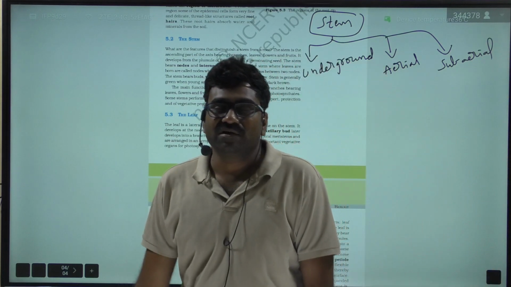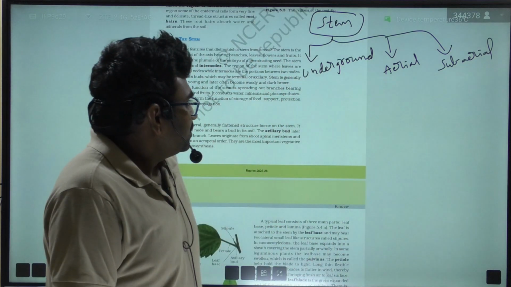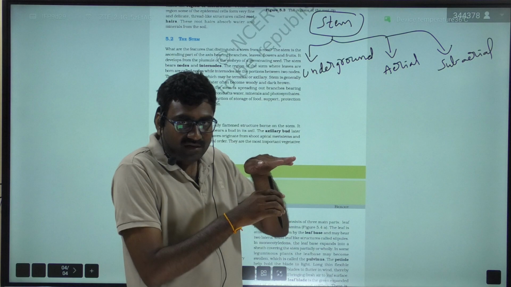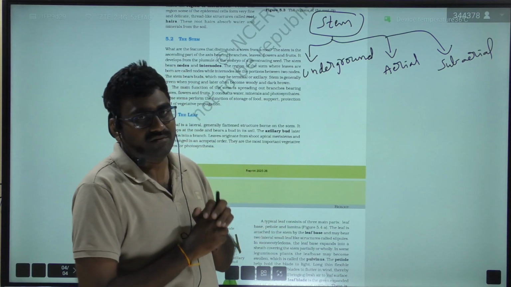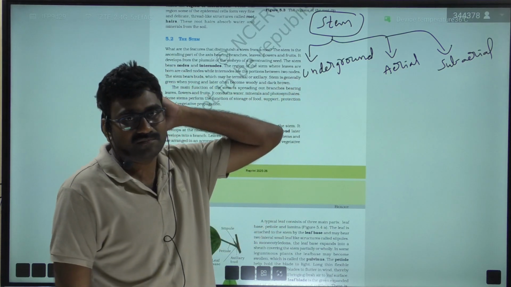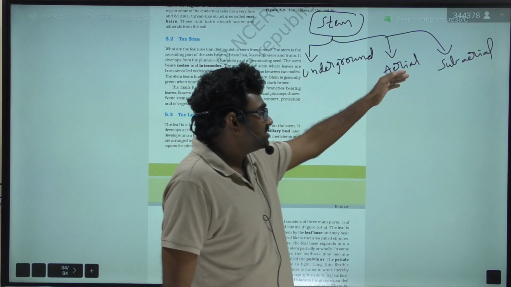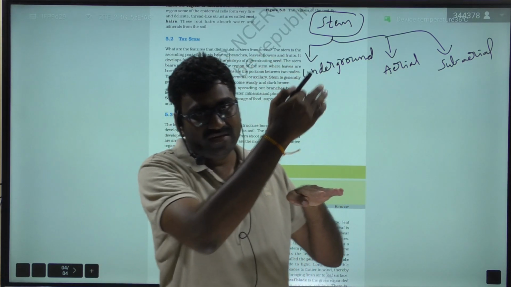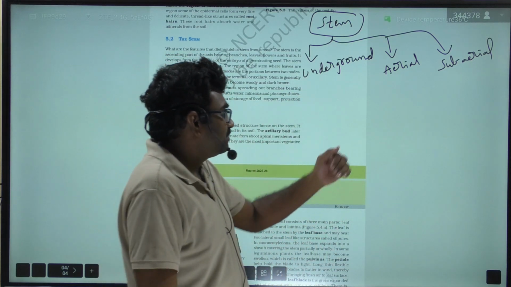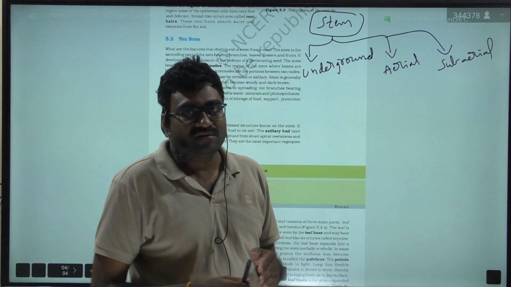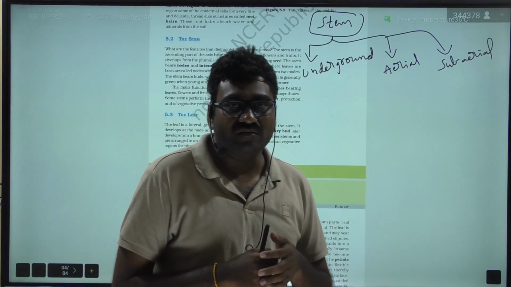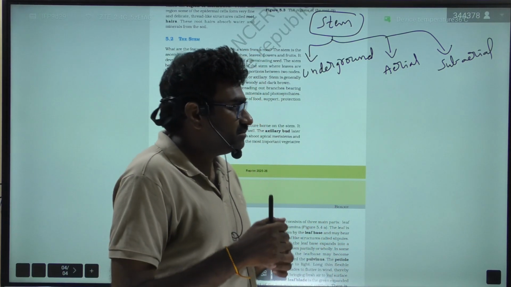Underground stem modification means the stem is modified under the soil or under the ground. Aerial stem modification means the stem is modified above the ground. And subaerial means the stem is modified partly in air, partly in ground.